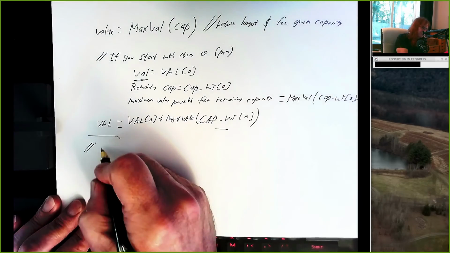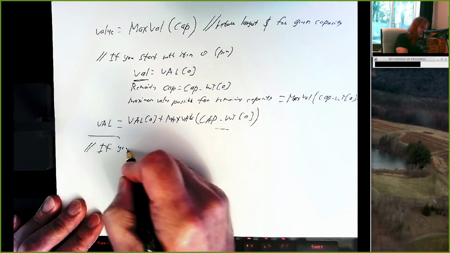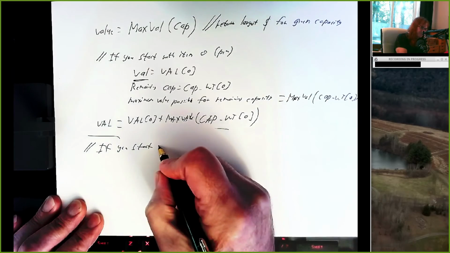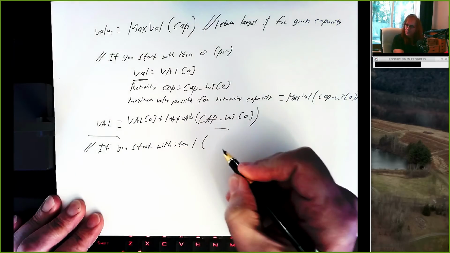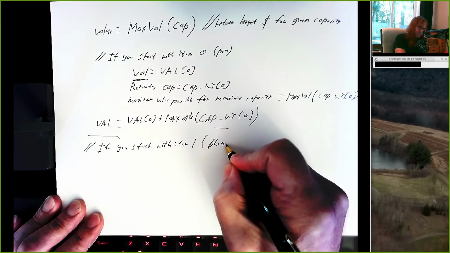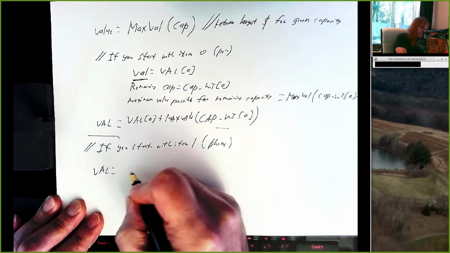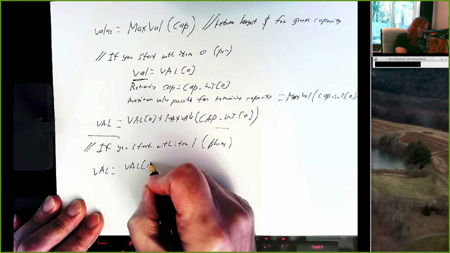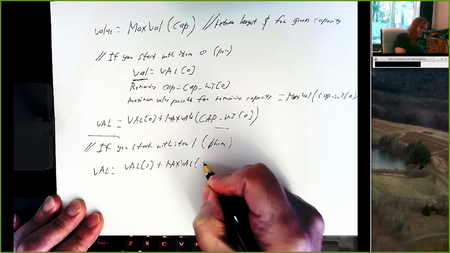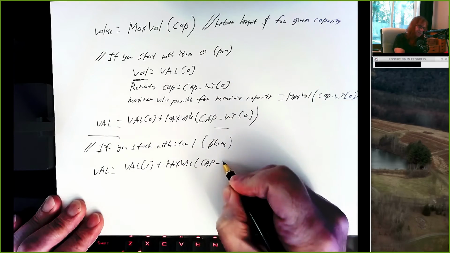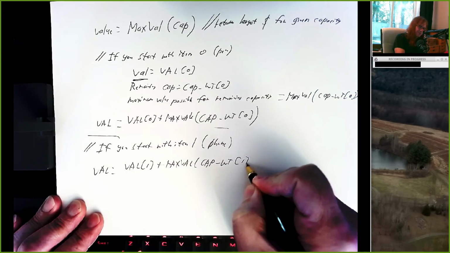But if you start with item 1, which is a phone, my value is going to be the value of that phone plus the maximum value of the original capacity of the bag minus the weight of the phone.